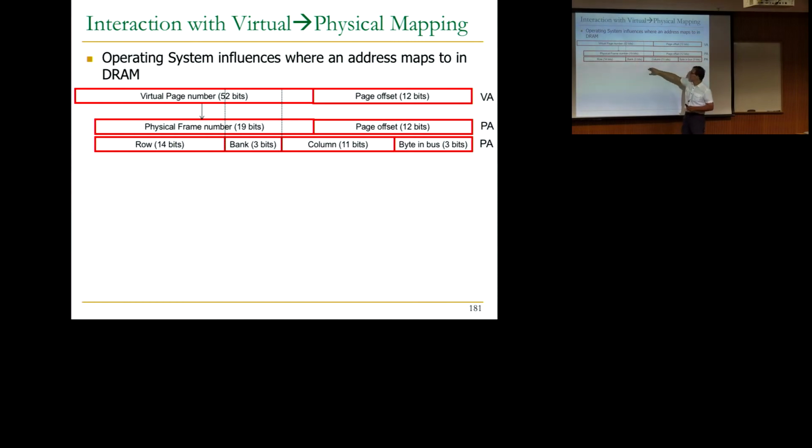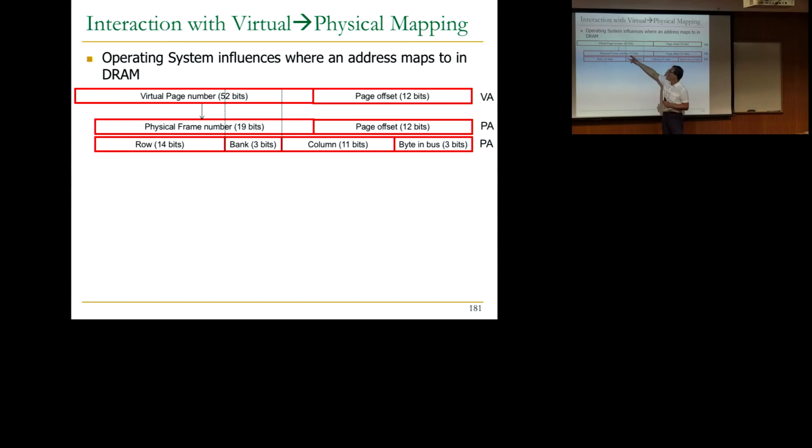So it can say, for this application, for example, I'm going to allocate physical frames from bank 0. I'm going to select physical frame numbers that have only zeros in these bits. Right, that's the idea. And for another application, it can select some other bank.